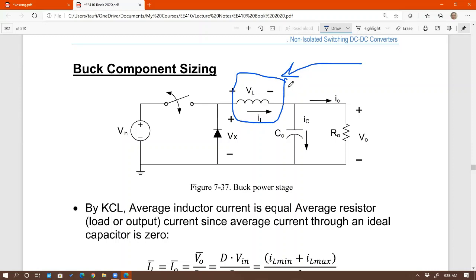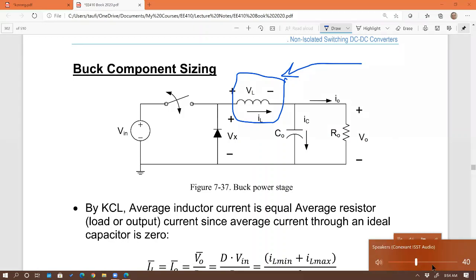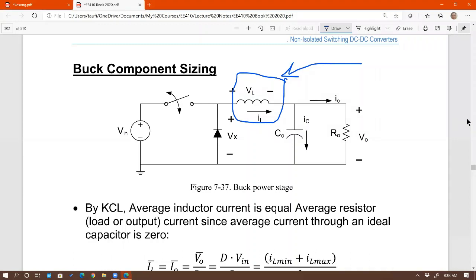So tell me what things you need to know before you can buy an inductor. Your delta IL that you want? Delta IL. So when you buy an inductor, you look for the delta IL in the data sheet.